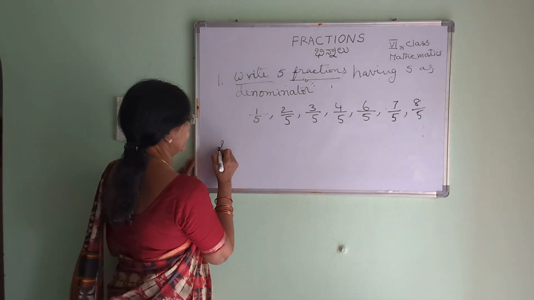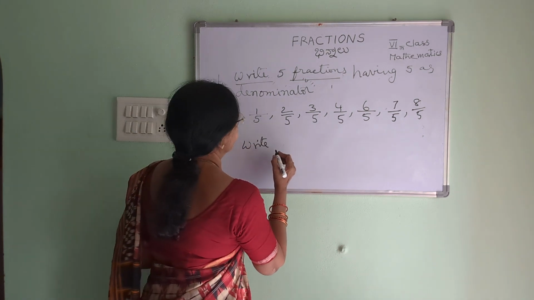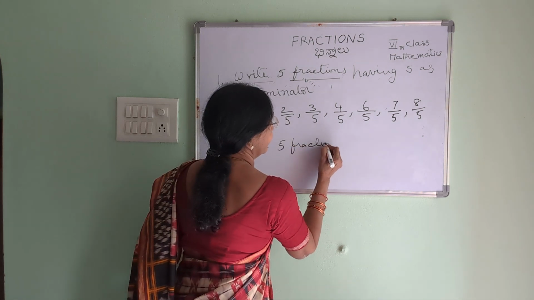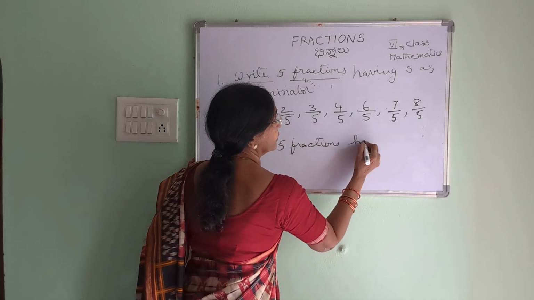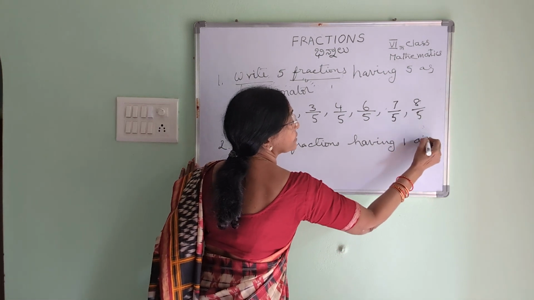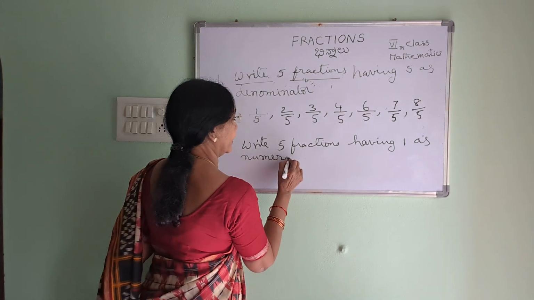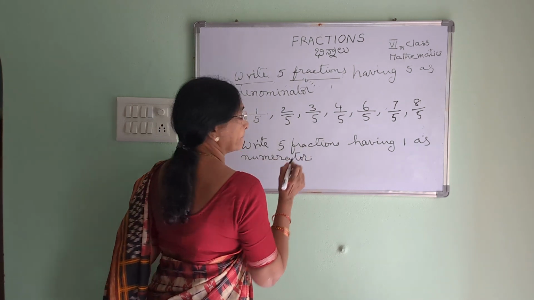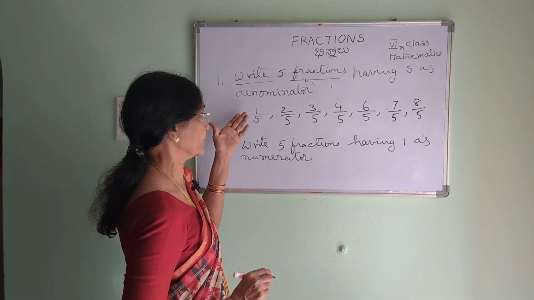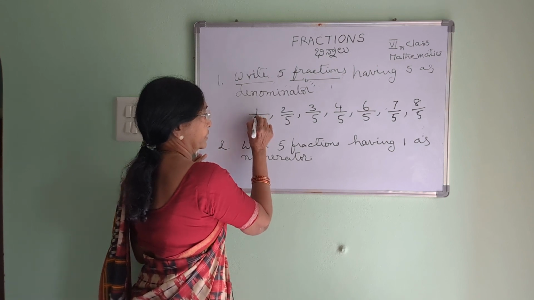Similarly, write 5 fractions having 1 as numerator. So numerator is the number which is written above the horizontal line. Here 1 is the numerator.